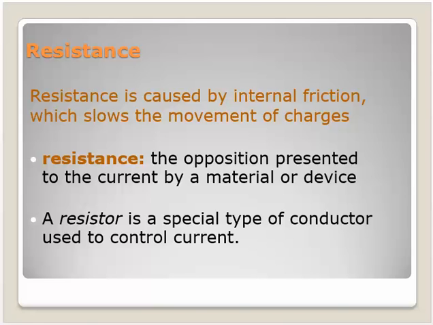Resistance. Well, resistance is caused by internal friction, which slows the movement of charges. It's the opposition presented to the current by a material or device. Certain things have more resistance. The more resistance an object has, the less of a conductor.